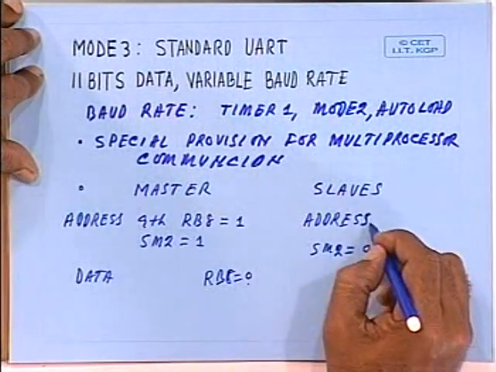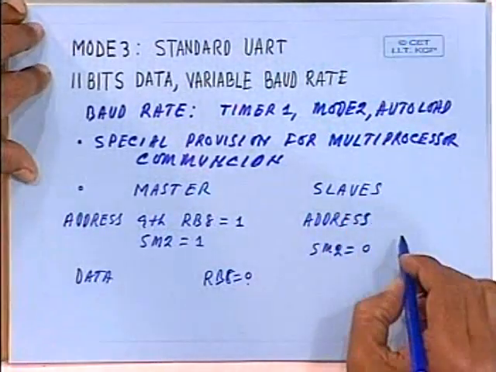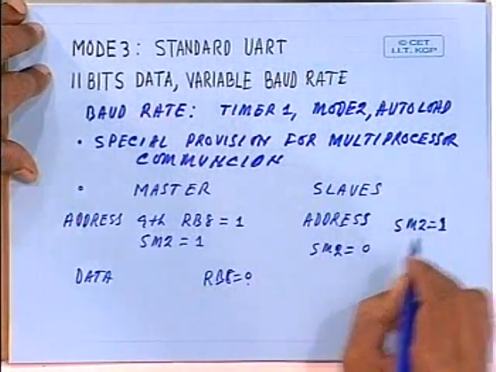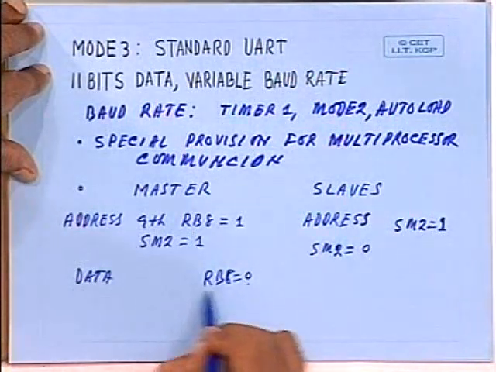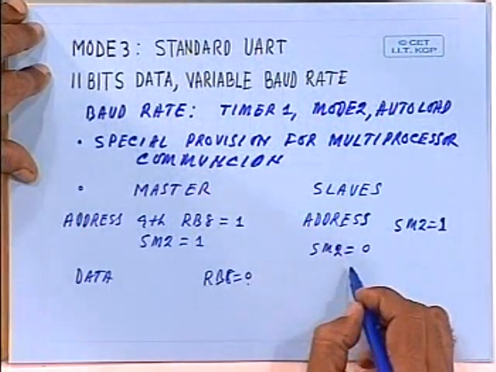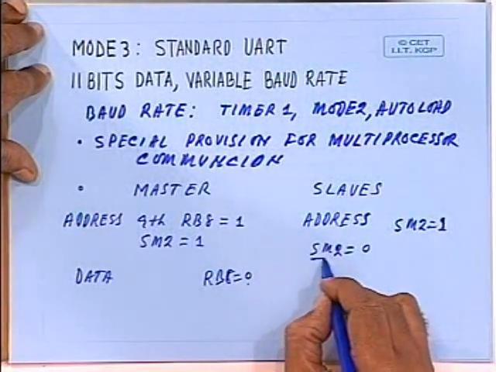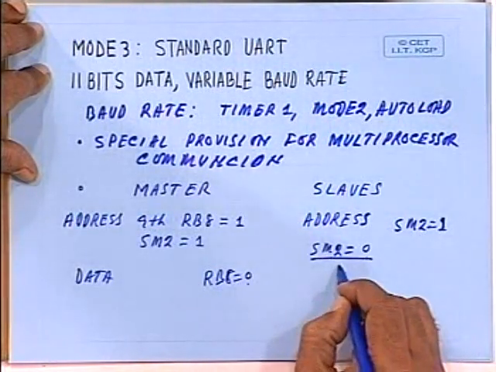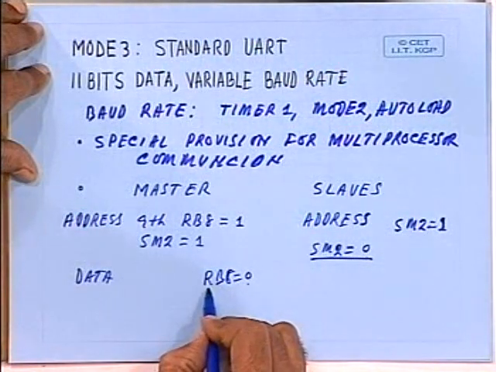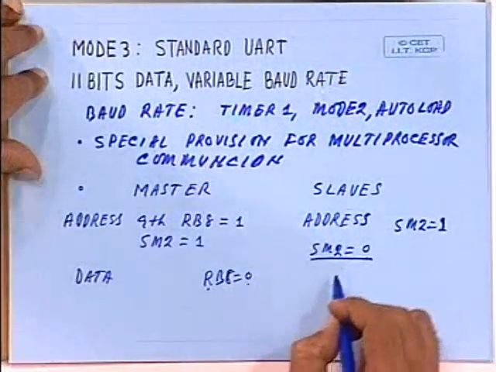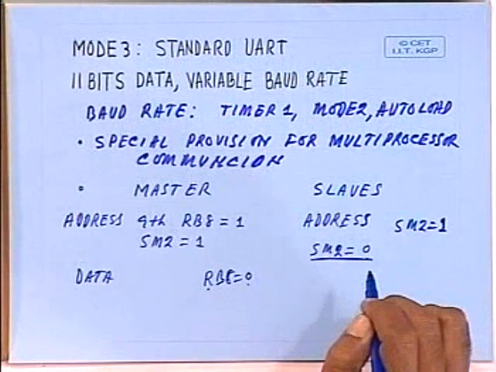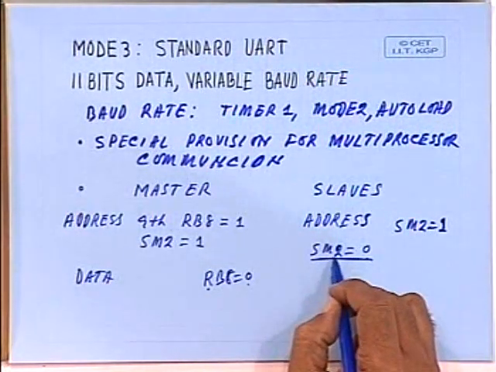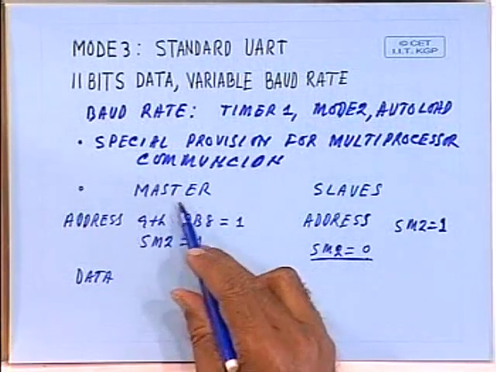So all the slaves which are not relevant keep SM2 bit equal to 1, so they will not be interrupted when a data byte is being sent. On the other hand, the slaves with SM2 bit 0 will be ready to receive data, and the designated slaves will receive the characters from the master.